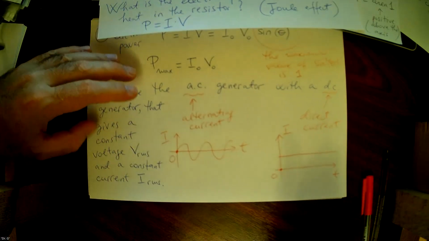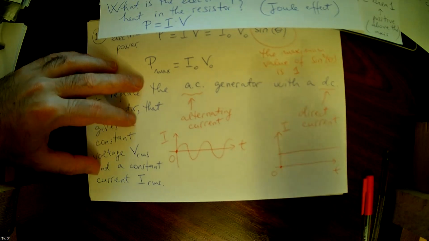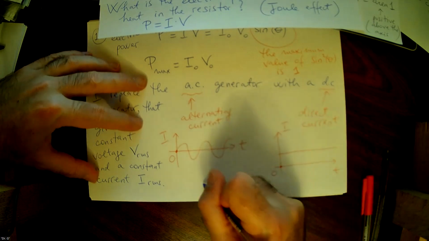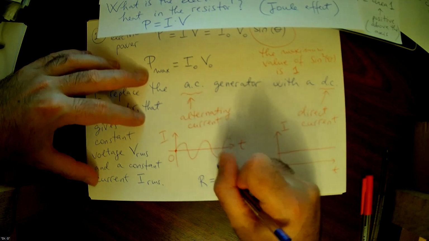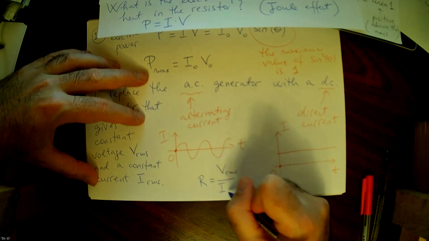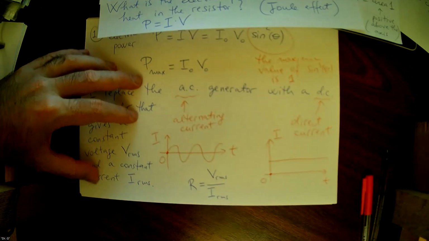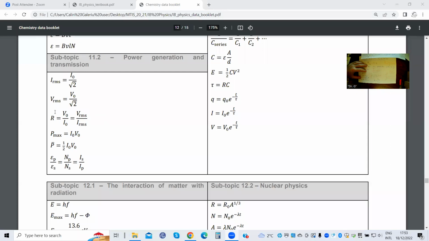And of course, by Ohm's law, R, the resistance, is VRMS over IRMS, which is the formula we see here.